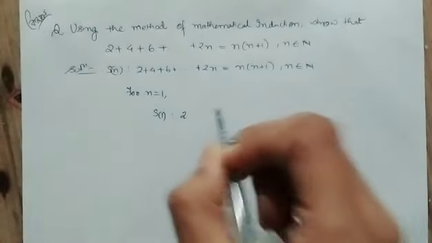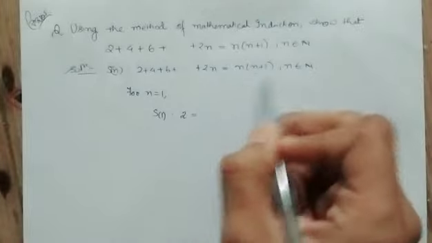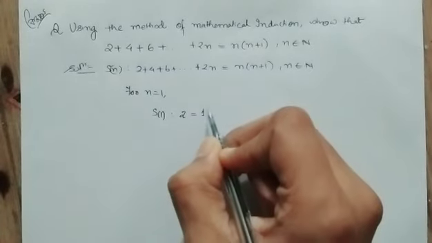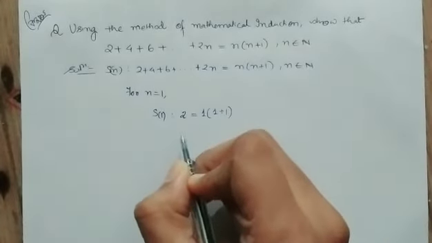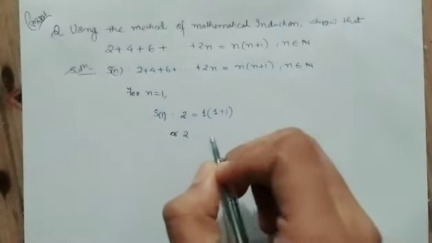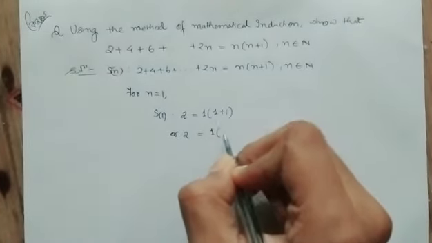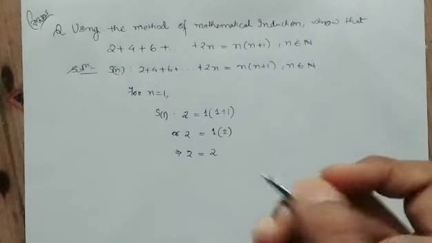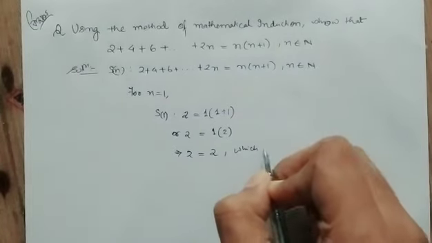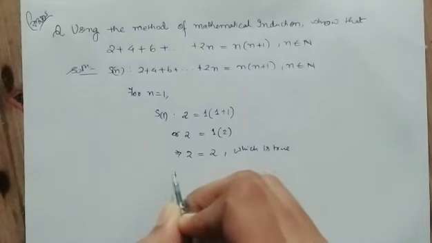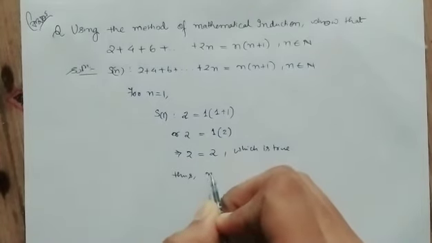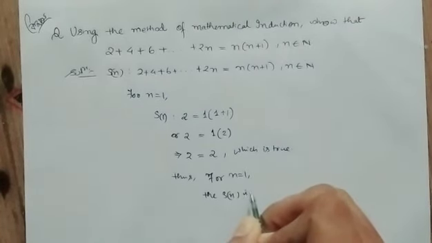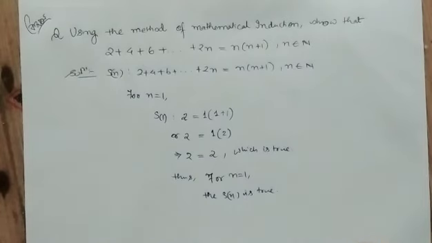So it is 2, which is equal to, in the right hand side we will put 1 here. So let's substitute 1: 1 into 1 plus 1, which is 1 into 2, 2. So 2 is equal to 2, which is a true statement, right? Which is true. So thus for n is equal to 1, the statement Sn is true. So Sn is true for n is equal to 1.